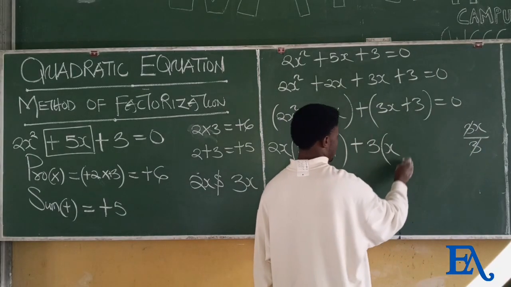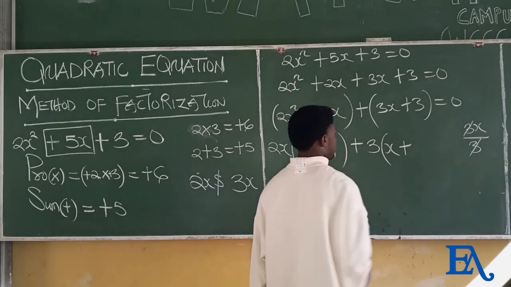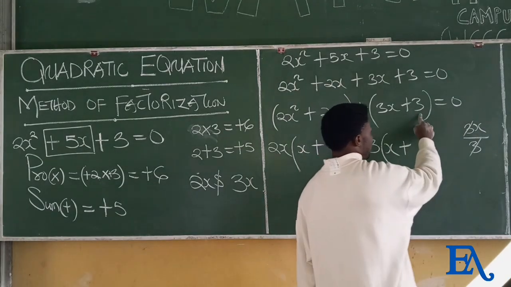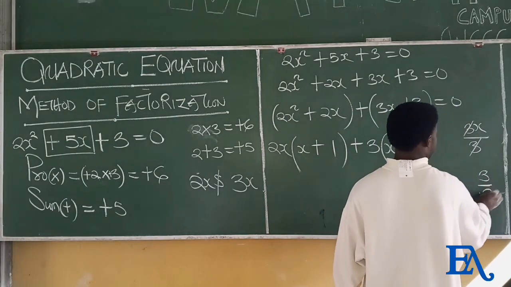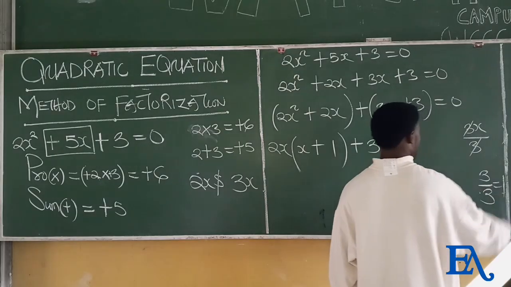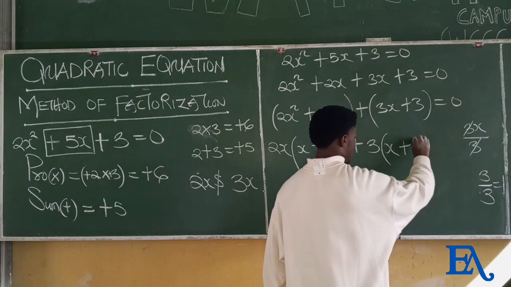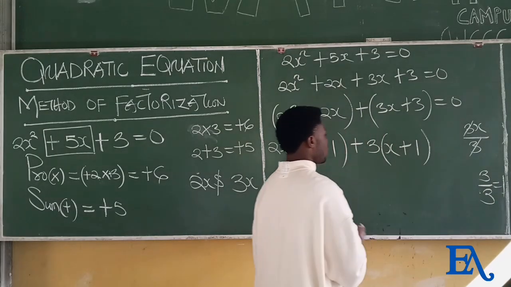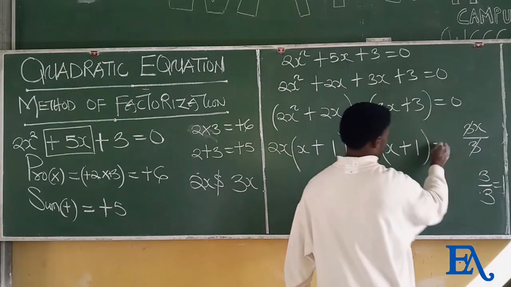So this is x plus 3 divided by 3, which gives 1. Then here is 1, which equals 0.